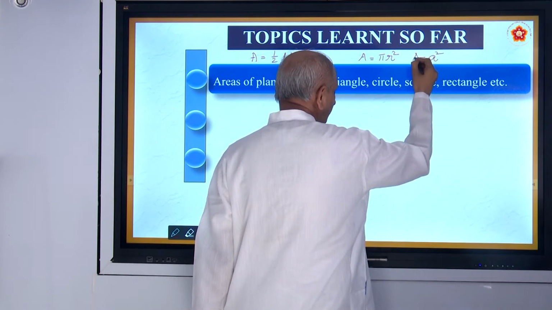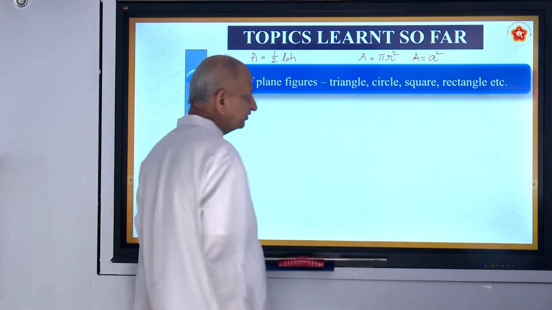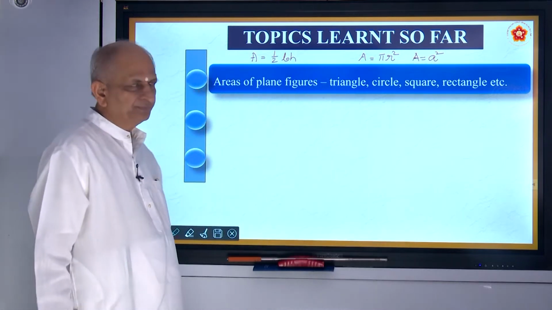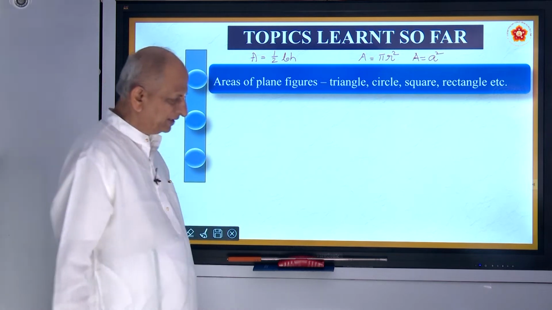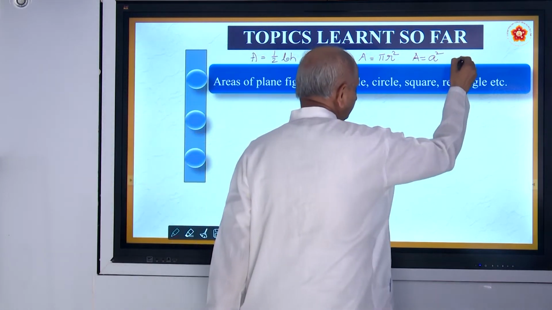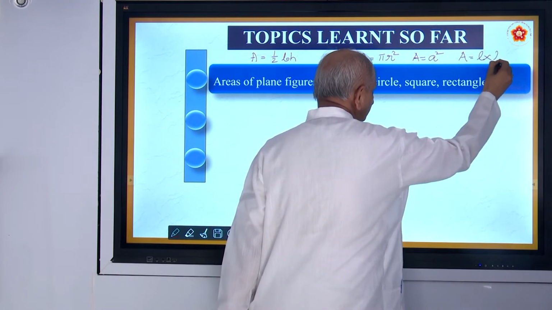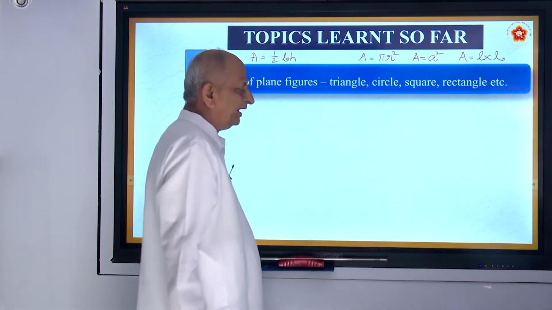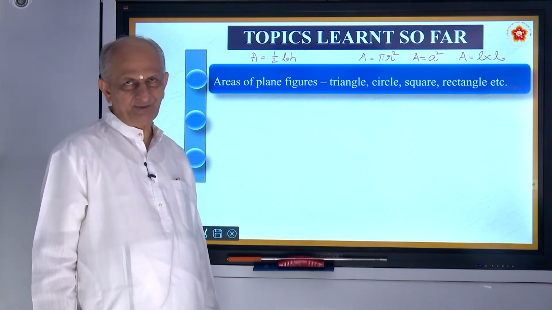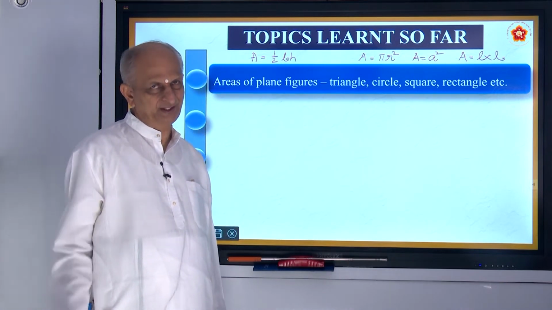So, area of a square is a square, or you can say l square. What is the area of rectangle? Area of rectangle is A is equal to l into b. What is l? l is length. What is b? Breadth.